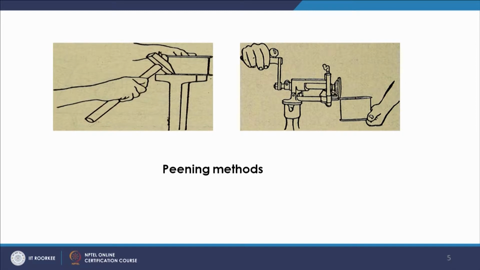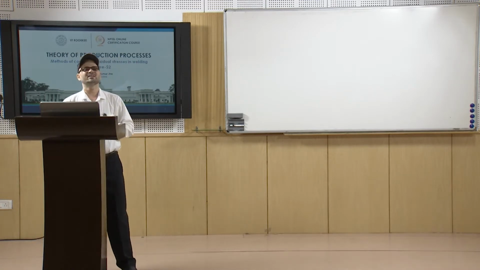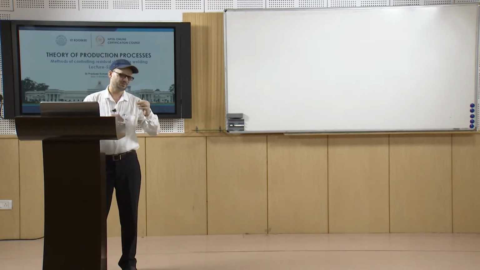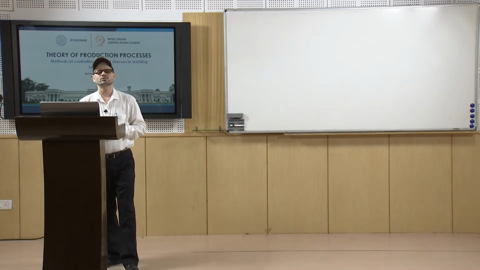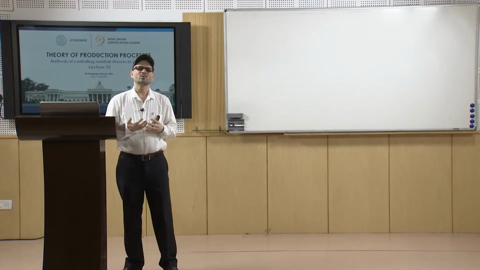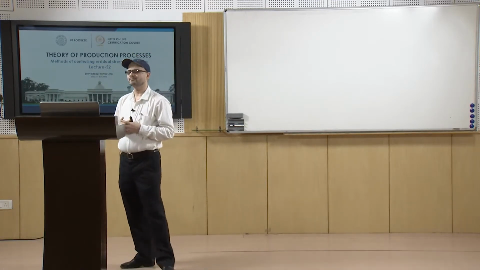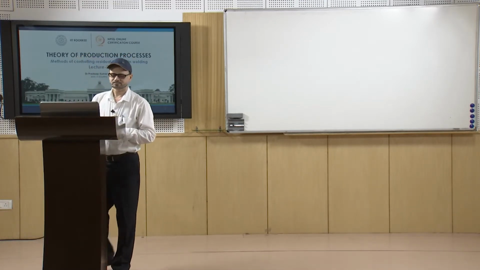So, these are the peening methods. Now, you should avoid excessive peening, because that may lead to cold working of the material, and in that case there may be strain hardening of the weld metal.